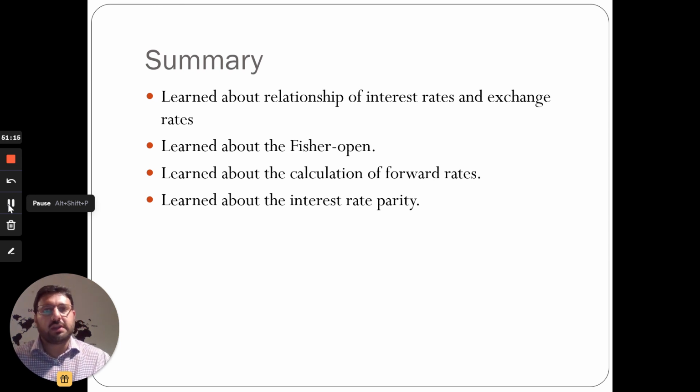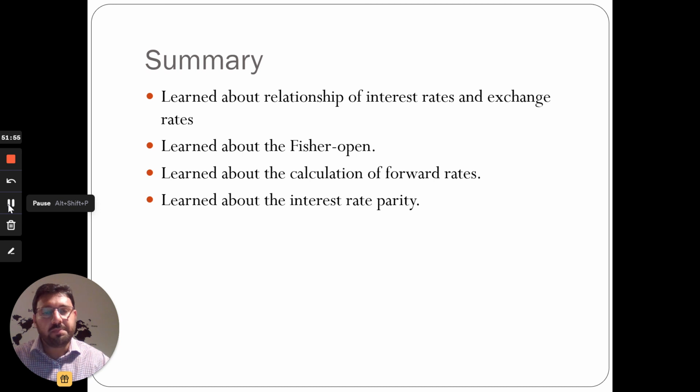Inside the Fisher effect, if we bring the component of the exchange rate, then we come to the international Fisher effect, which says that the investor must be rewarded or penalized to offset the expected change in the exchange rate. The expected change in the exchange rate involves the current spot rate and the future spot rate. To calculate the future spot rate, today we actually calculate the forward rate. That forward rate is the unbiased predictor of the future spot rate.